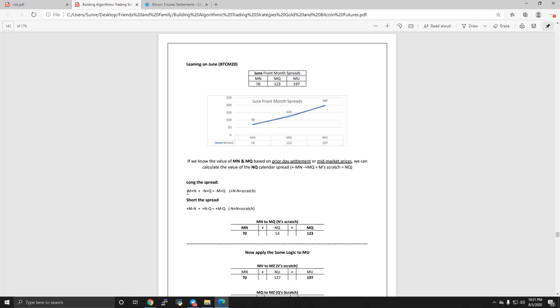When you do the math here, minus M plus N plus minus N plus Q, you are left with minus M plus Q.